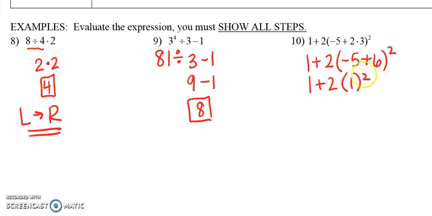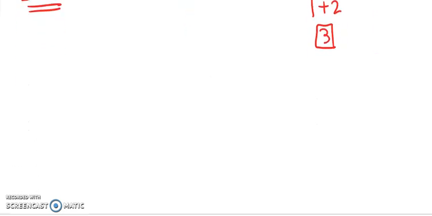It's keeping out this exponent of 2, and this 2 on the outside, which is trying to multiply on it. Think about the order of operations. Does multiplication or exponents come first? Exponents. So 1 squared is 1. Now we can do the multiplication, and now we can add these together.